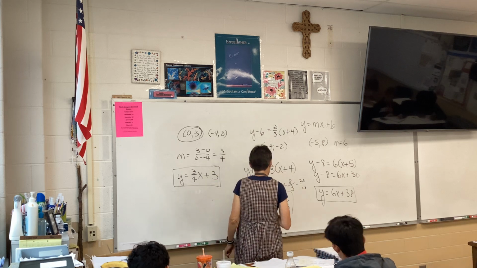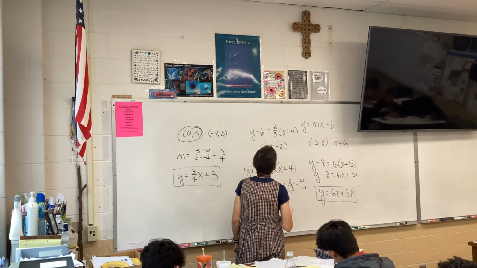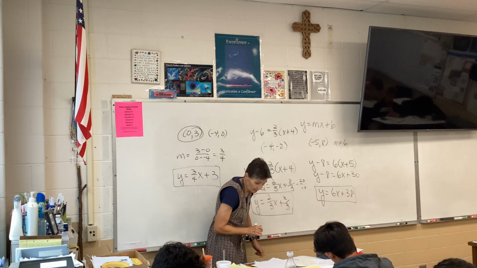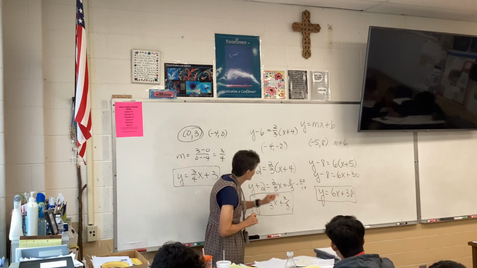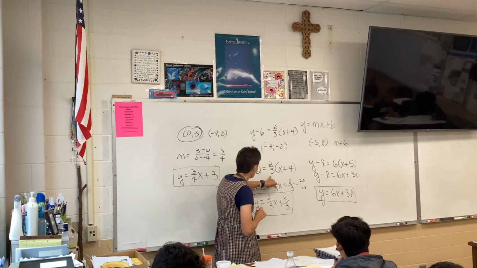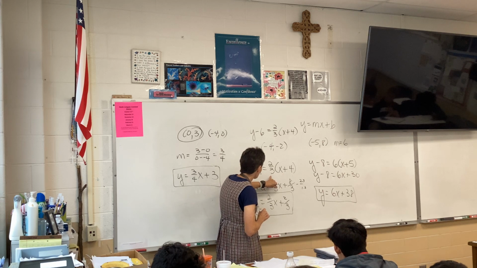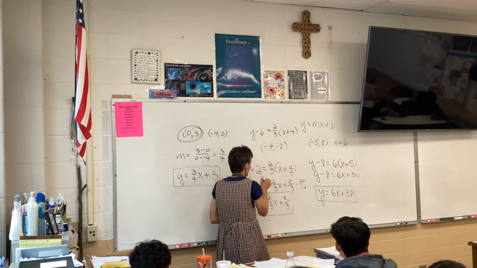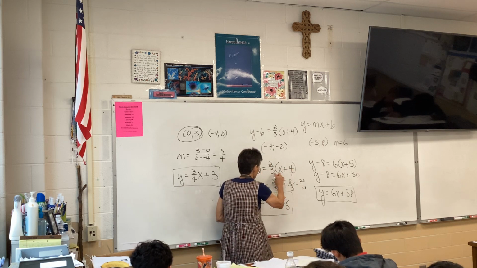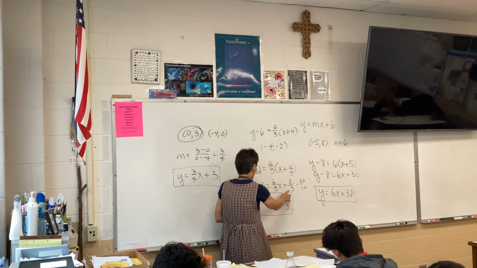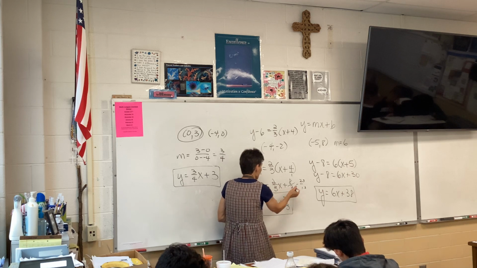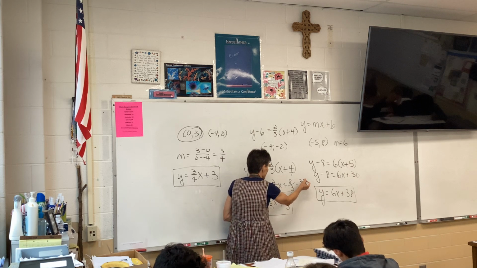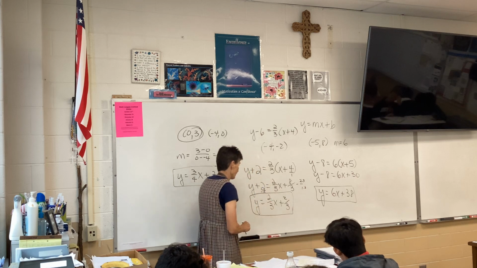Okay, so the slope is 2/3, so I'm using 2/3. And 2/3 times 4/1, remember how we multiply, top times top, bottom times bottom. Then I had to subtract 2, which is 6/3. No, I think I'm right. Yeah, you're right.